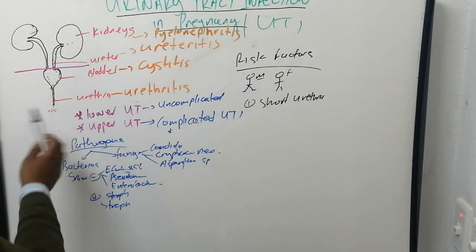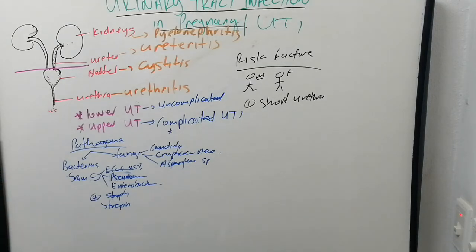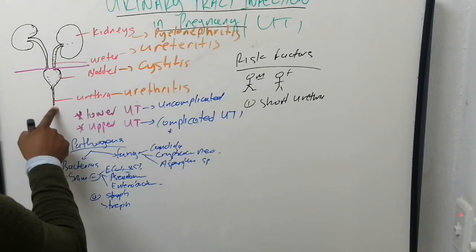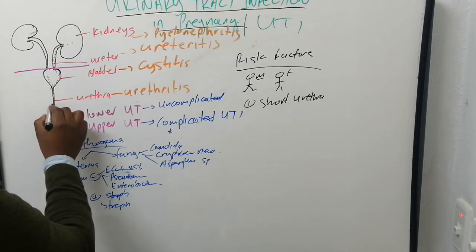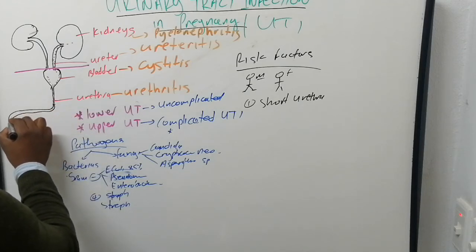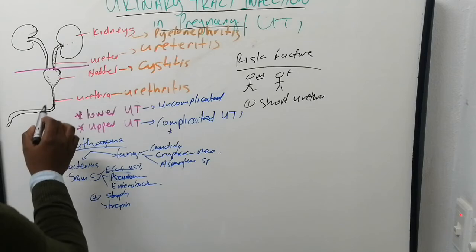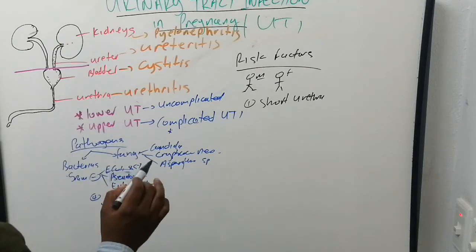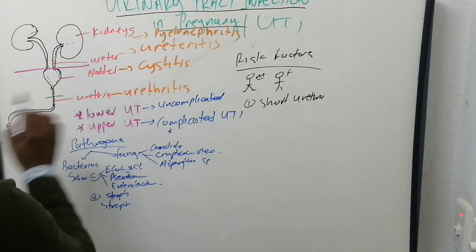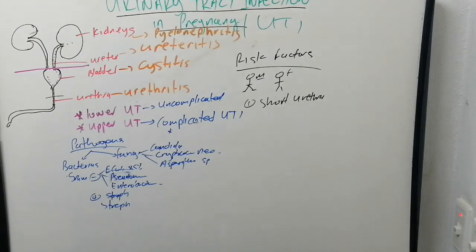Let's draw this. I want to show it. If this is a male, and his urethra is this long, and a female's urethra, let's say it's up to here. Can you see the difference?